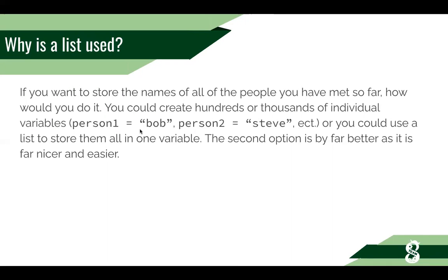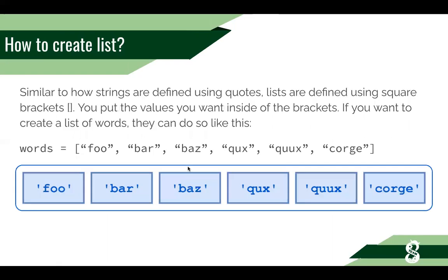Or you could just use a list and put people met equals Bob, Steve, Bill. And this is a good use case because you've probably met hundreds and hundreds of people in your life, and you don't want to put person 158 or person 1023. So you can just use a list and store them all in one variable. This is a lot better, and it's also a lot nicer and gives some pretty cool use cases.